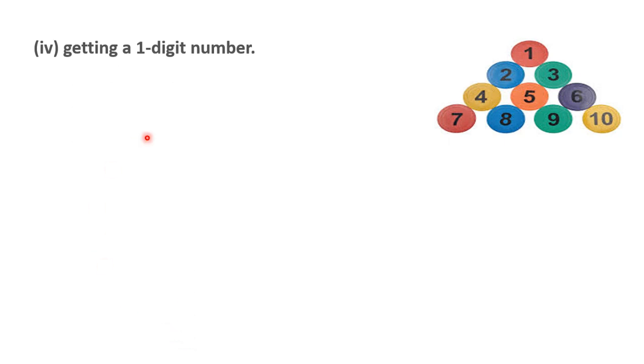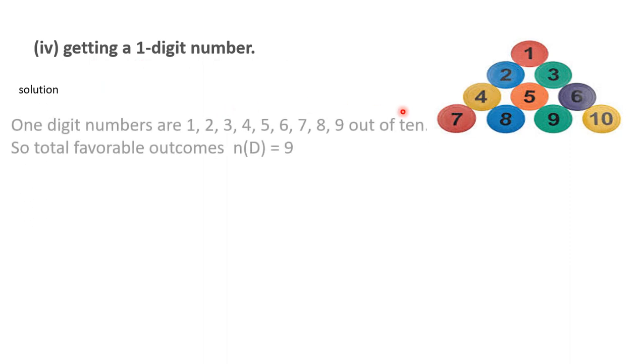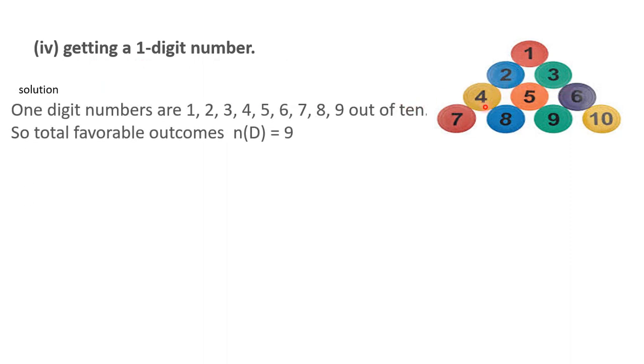Then one more, the fourth problem, is getting a one digit number. So here from 1 to 10 we have 1, 2, 3, 4, 5, 6, 7, 8, 9, which are 9 outcomes, and 9 favorable outcomes for a one digit number. So here n of S, that is total outcomes, is 10, and n of D is the event of getting a one digit number.